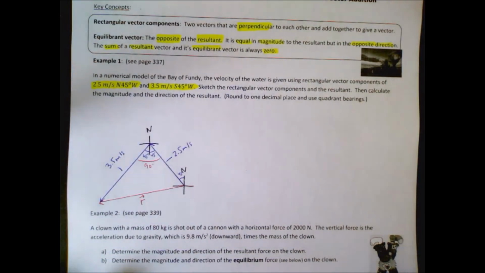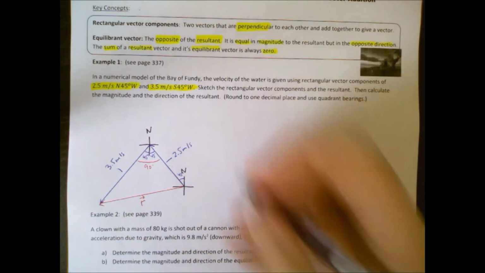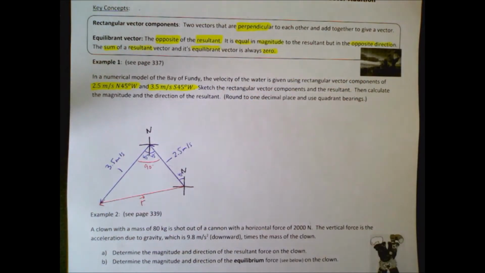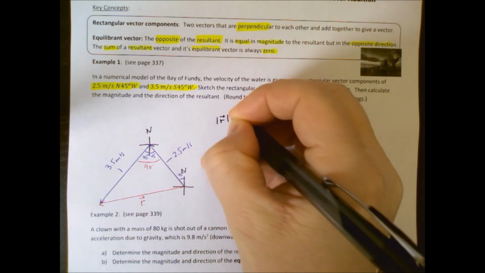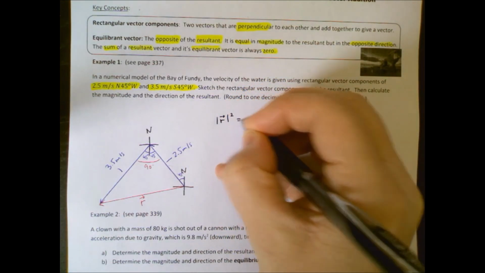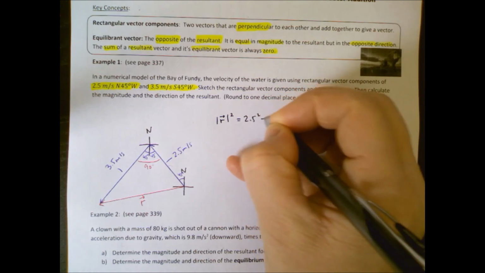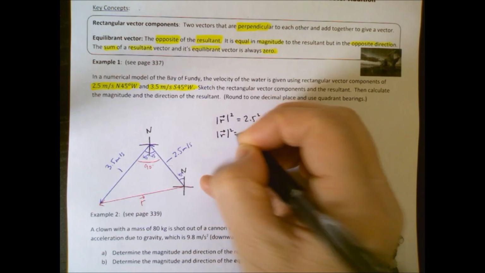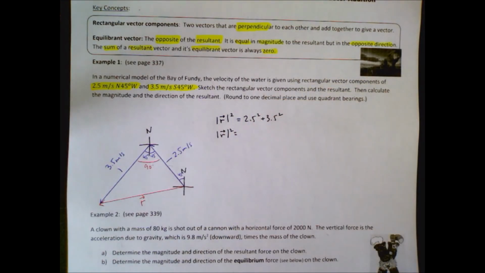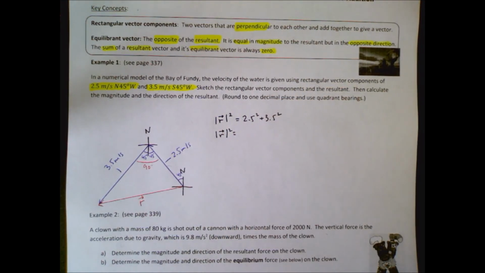I've got my two magnitudes, I've got a 90-degree angle here, so it's pretty easy to solve for the magnitude of that resultant. Since that is my hypotenuse, the magnitude of r squared is equal to 2.5 squared plus 3.5 squared. Pull out my calculator.